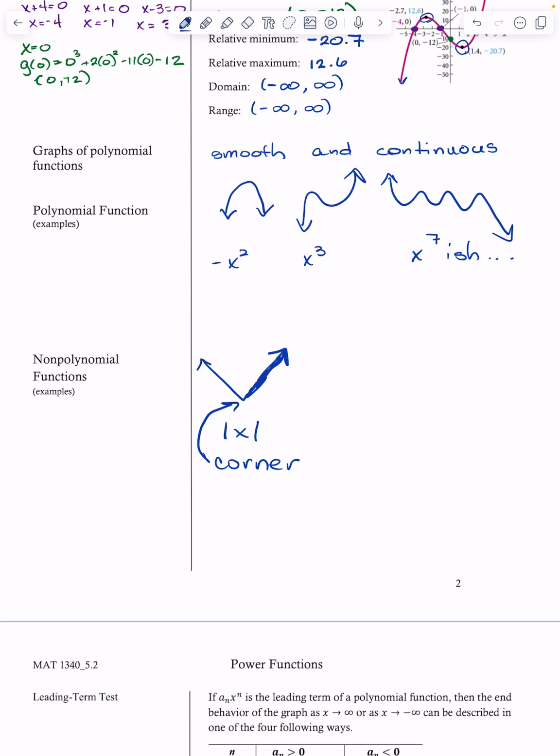Anything that breaks is not continuous. And as we move into rational functions, the end of this section, anything that's got an asymptote somewhere, a vertical asymptote, excuse me, is not continuous.